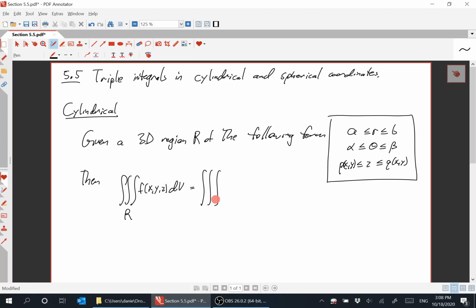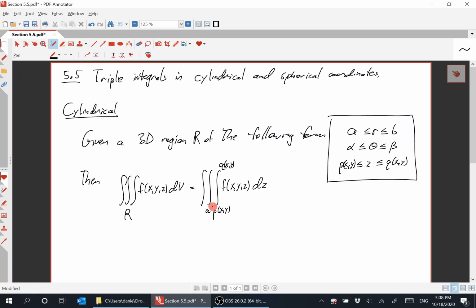It's the integral from p(x,y) to q(x,y) of f(x,y,z) dz. So x and y are held constant, and then you integrate with respect to z with constant boundaries, p(x,y) and q(x,y), because x and y are constant.